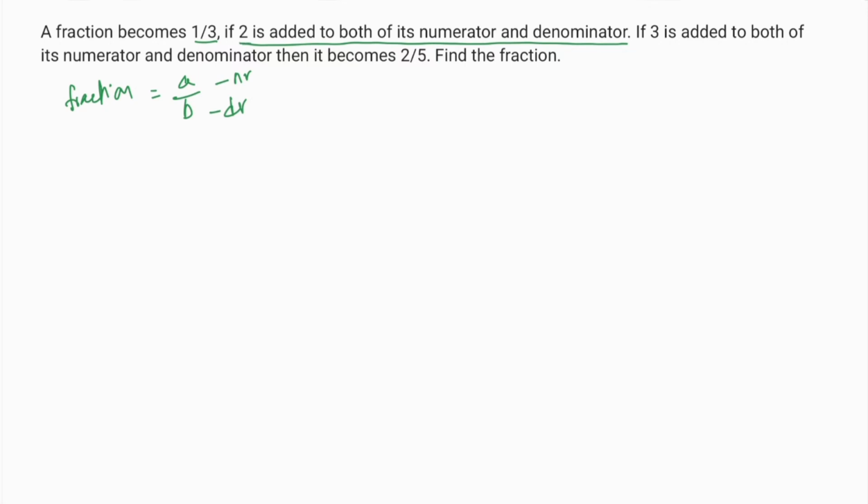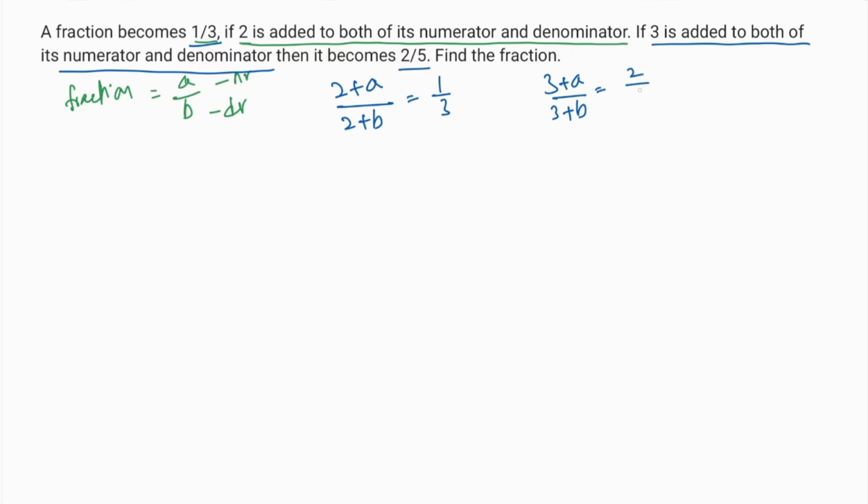If 2 is added to numerator and denominator, the fraction will be 1 by 3. And if 3 is added to both numerator and denominator, the fraction will be 2 by 5. We have to find the fraction.